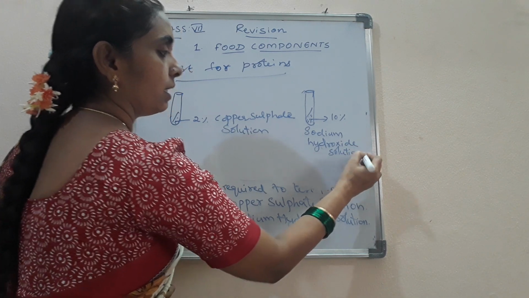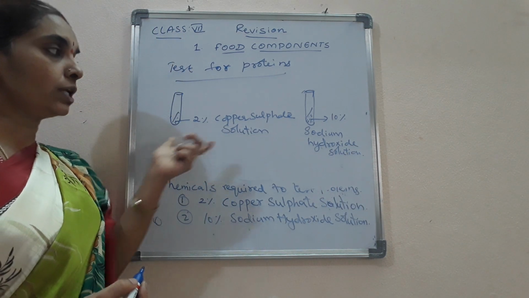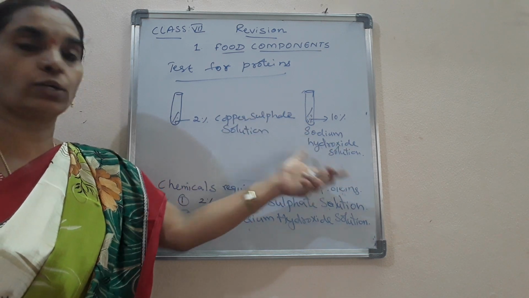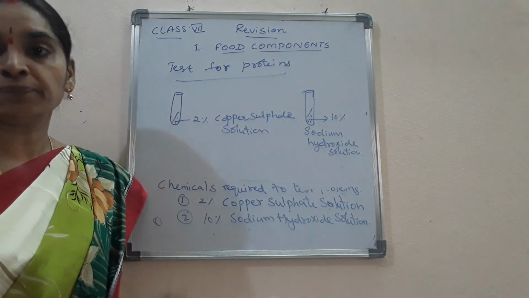Is it clear, children? So for this test, you are taking two chemicals, namely copper sulfate solution and sodium hydroxide solution, to test proteins.